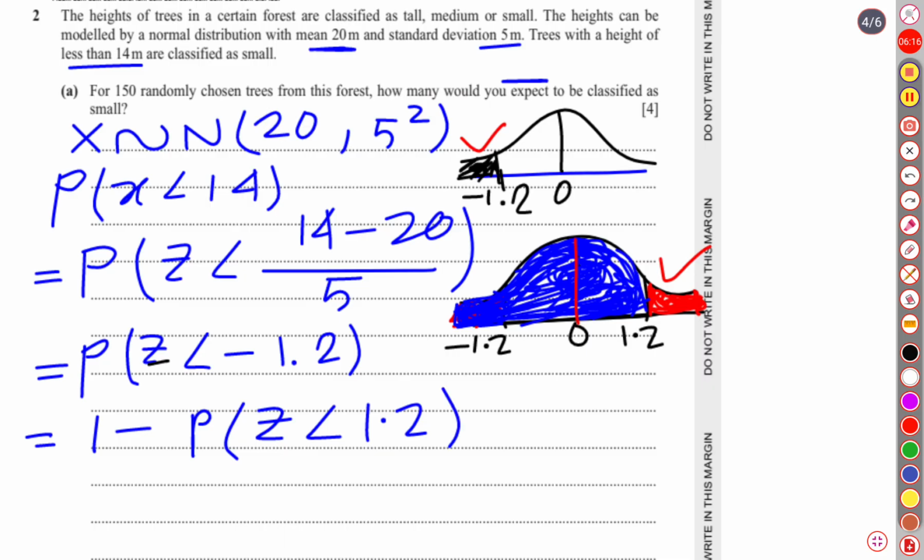I think you got my point that 1.2 is positive now, because there is no probability given in the distribution table which is applicable for any negative z score. So it's all about positive z score, and the probability is always more than half, so we will have to choose this. Then we are going to write 1 minus the probability of Z less than 1.2. Let's find the corresponding probability.